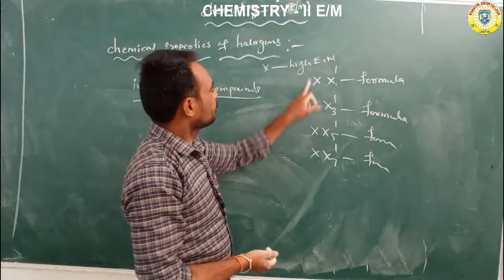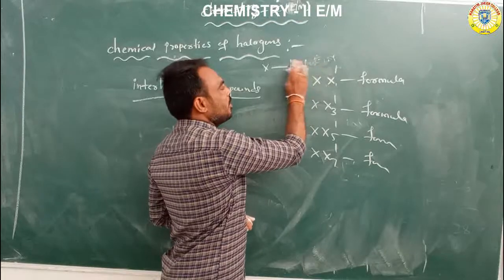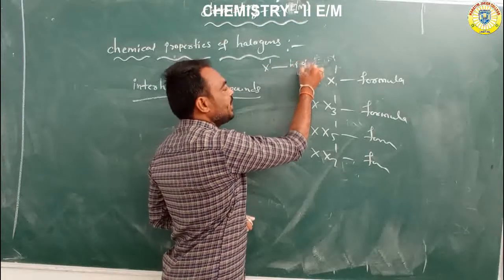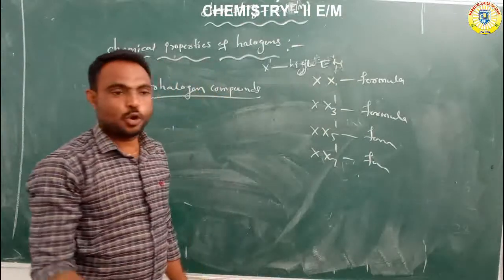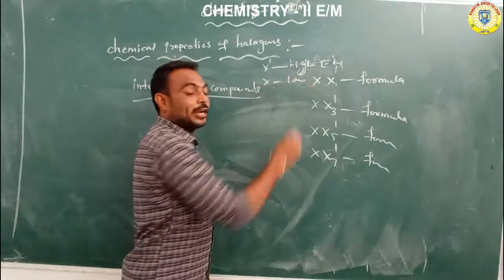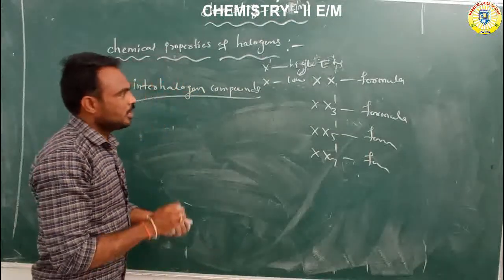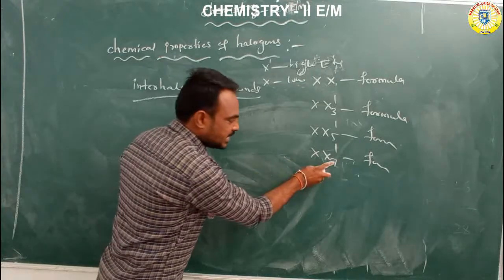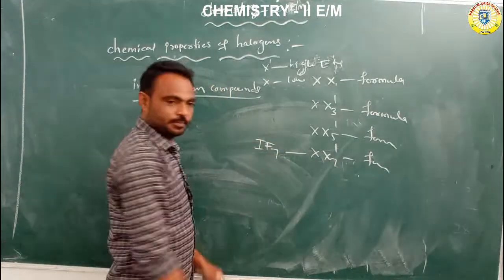Okay, listen. X' is a very high electronegativity element, and X is a low electronegativity element. Suppose for example IF7.